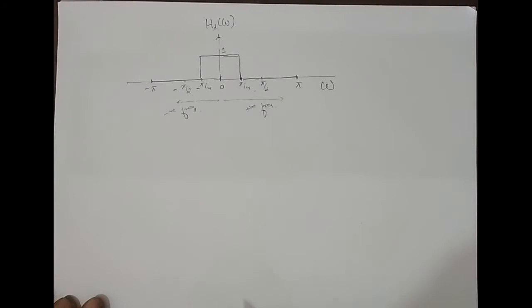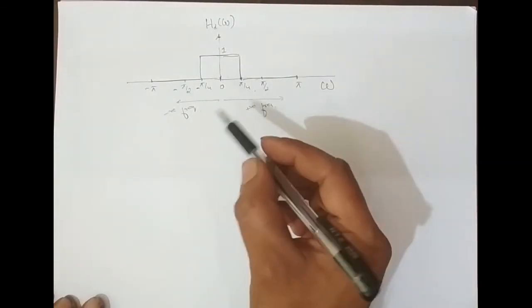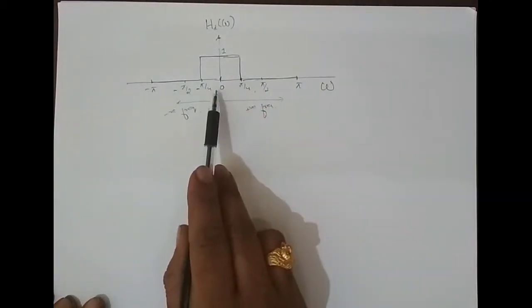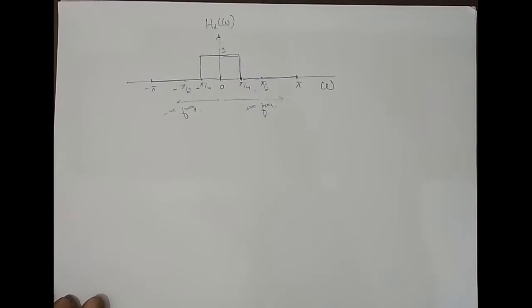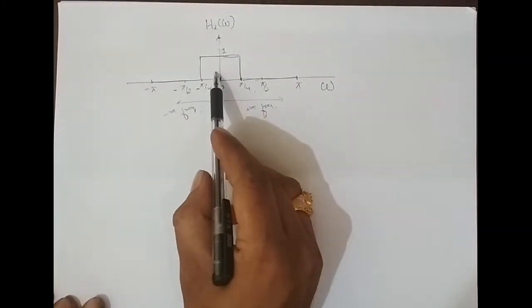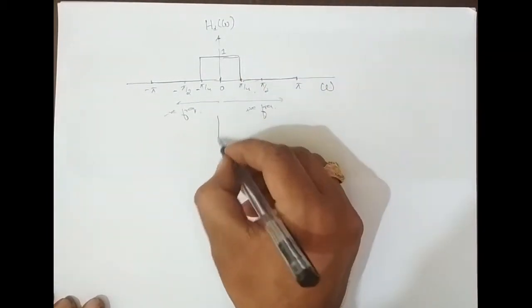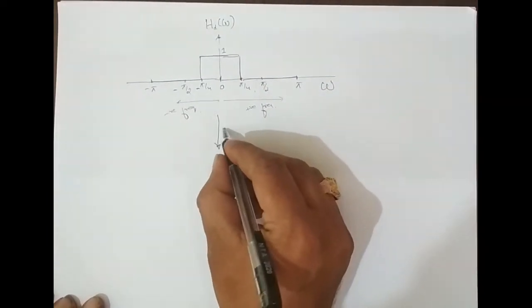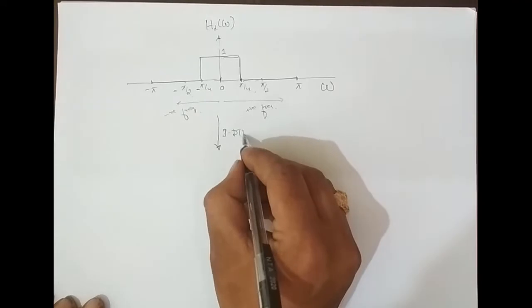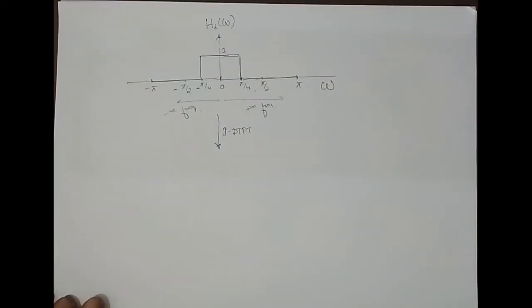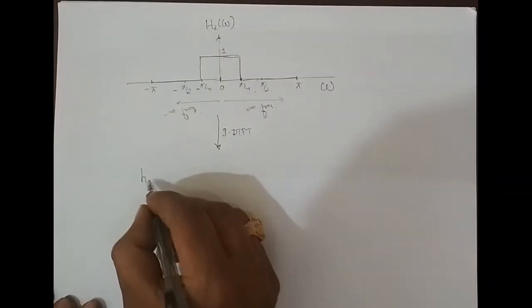Fine. Now, what is this? This is the discrete time Fourier transform of hd of n, right? Now I want hd of n, so what I'll do is take the inverse DTFT. If I take the inverse discrete time Fourier transform of this signal, what is the formula?